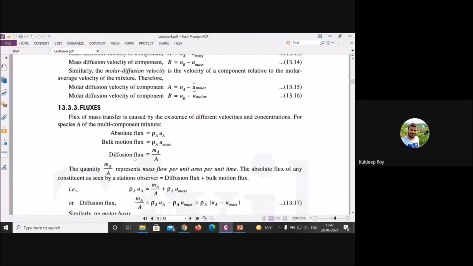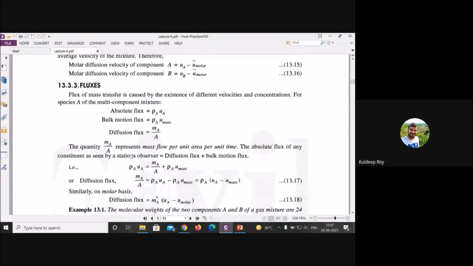What we are writing here is Na is equal to, the notations are different only. That's why I have written Na earlier. Na is equal to Ma by A. Ma will be your rate of mass transfer, this one will be your mass flux, and this is your area.